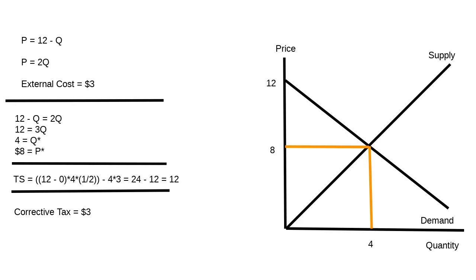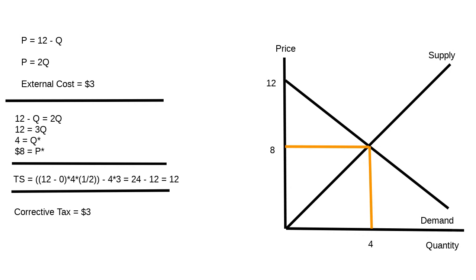How do we show that on the graph? Well, just like we did when we talked about taxes, right? In this case, the supply curve represents private cost, the cost of producing the good. And demand represents value, the value of the good to the end user. So cost to the producer, value to the end user.